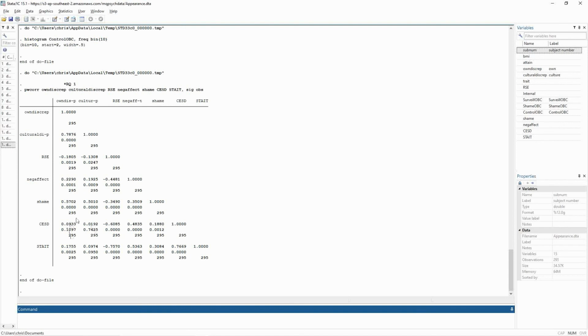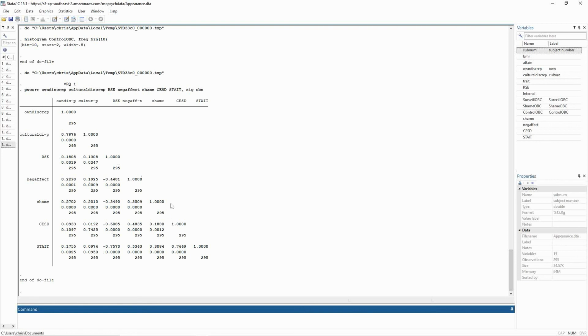And here I have non-significant relationships with depression. So the discrepancy between your own ideal or the cultural ideal of appearance seems to not be related to depression at all. So here I'd say these have got no relationship. And then for anxiety, we can see that anxiety appears to be related to your own discrepancies. It's very weak, but it's there. But there's no relationship with cultural discrepancy.